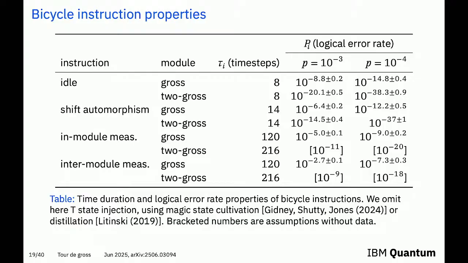And finally, I will note that the 2 gross code system is so large for doing in-module and inter-module measurements that we did not have simulation results for those data points. So we give rough estimates without further justification. And the further results that we present are based on the numbers in this table.